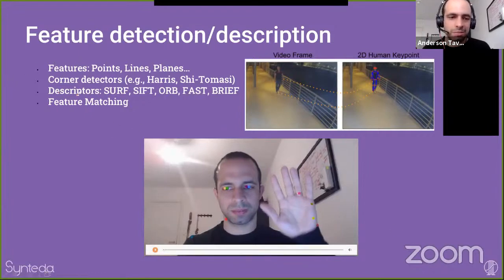And we can use some descriptors to describe those points: SURF, SIFT, ORB, FAST, BRIEF, and there are many others also. Also, corner detectors are really important to detect changes between different objects. So we could potentially detect key points in those regions.